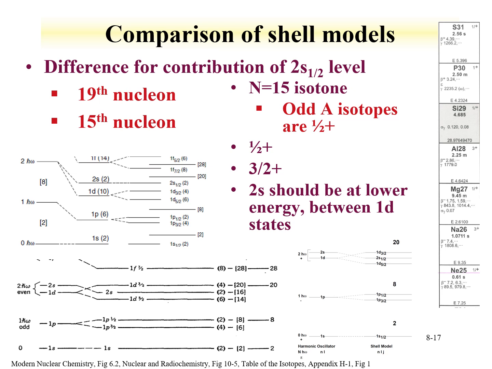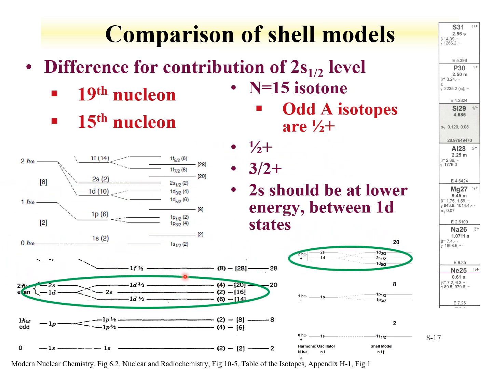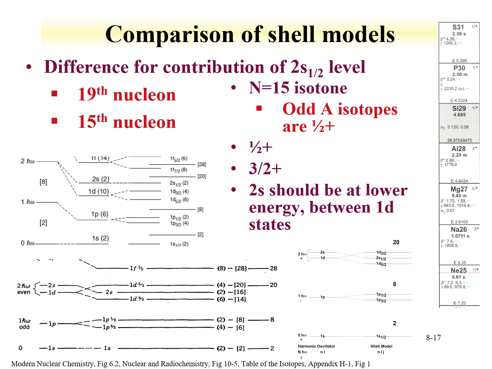While in the model shown below here, which is from nuclear and radiochemistry, and this one shown here, which is from the table of the isotopes, that 2s 1/2 state becomes lower in energy and lies between the 1d 5/2 and 1d 3/2. This means the state that completes the magic number of 20 is d 3/2.